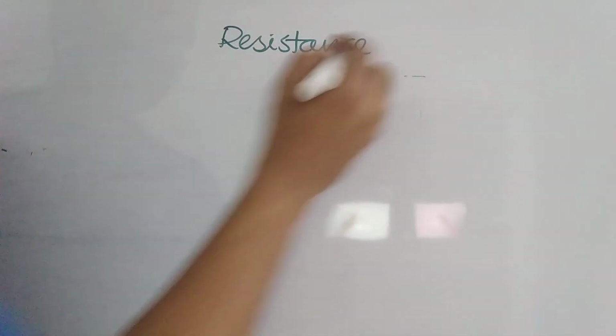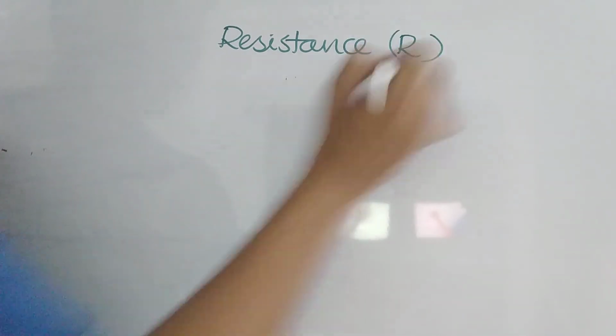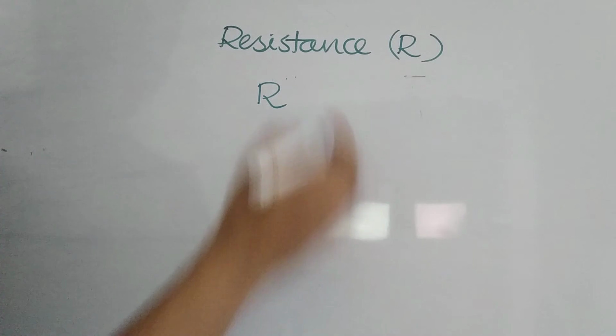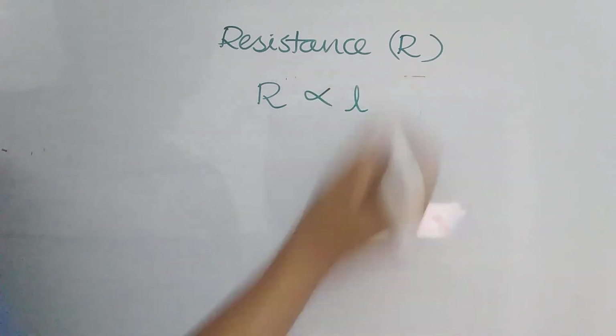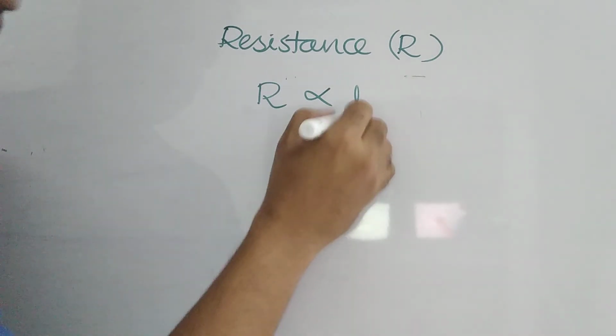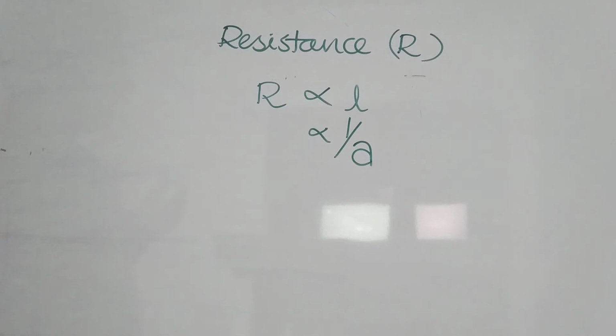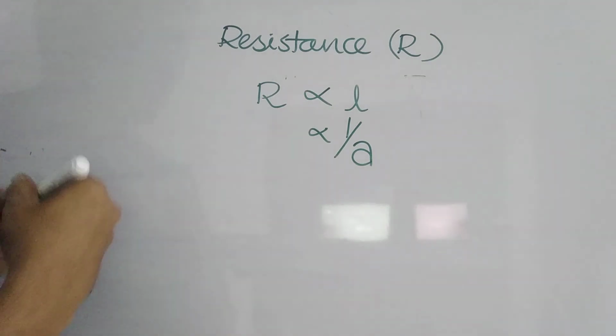Resistance of a particular electrolytic solution, R, is directly proportional to L and inversely proportional to A. What is L? L is the distance between the two electrodes.